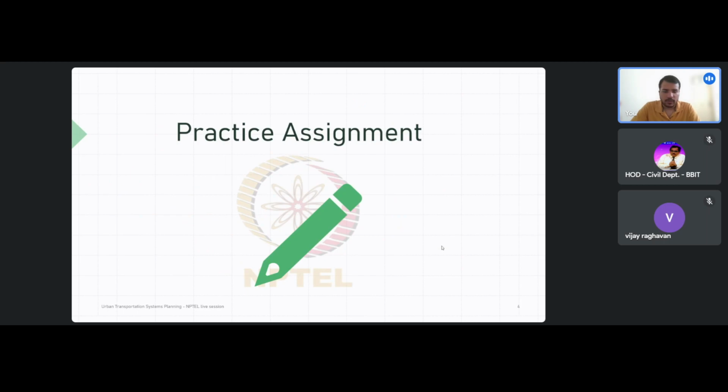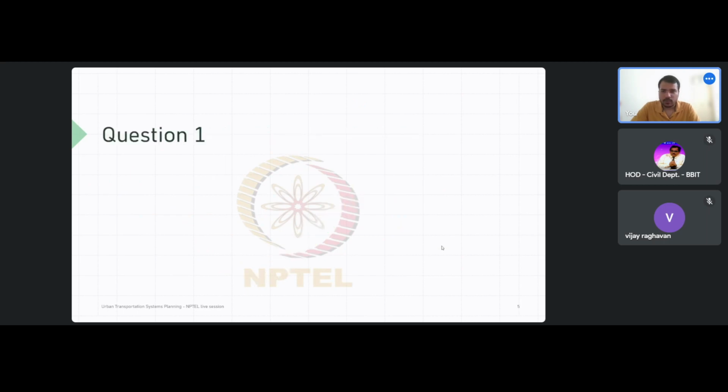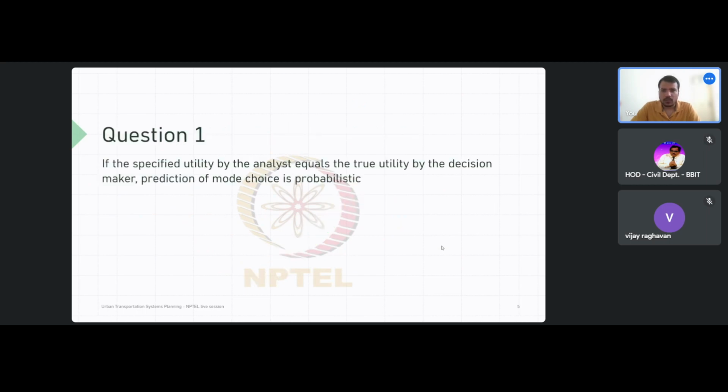Let's start with the practice assignment. Question 1: if the specified utility by the analyst equals the true utility by the decision maker, prediction of mode choices is probabilistic. True or false?